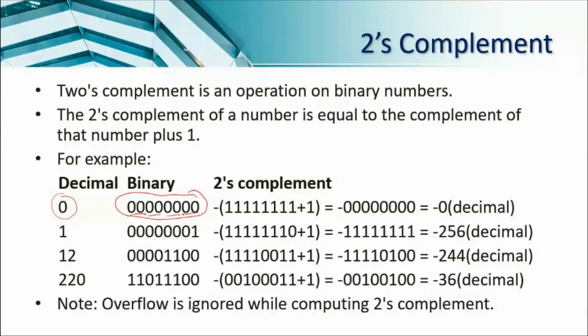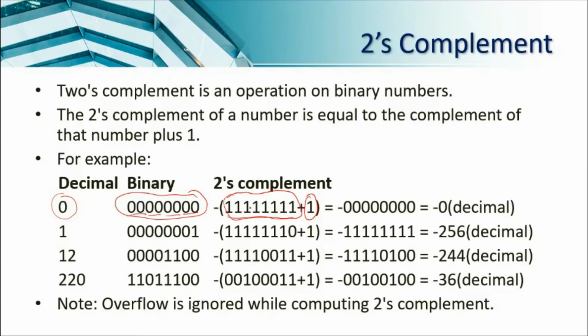The 2's complement is based on the complement of this number, which we take by inverting each of these digits. The 8 zeros are inverted, so we obtain 8 ones: 1, 2, 3, 4, 5, 6, 7, 8. And then we have to add 1 to it, and put a minus symbol in front of it. So that is how it works.